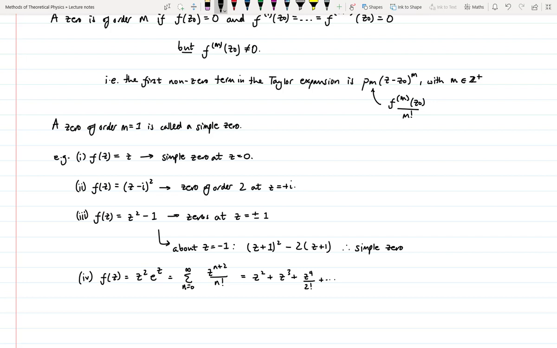And the first non-zero power is z squared. Therefore this is a zero of order 2 at z equals 0. And if you want, you can check the derivatives required for the Taylor series explicitly, and you'll find that the first derivative vanishes at z equals 0, but the second derivative does not.